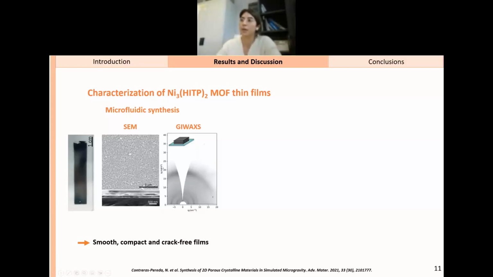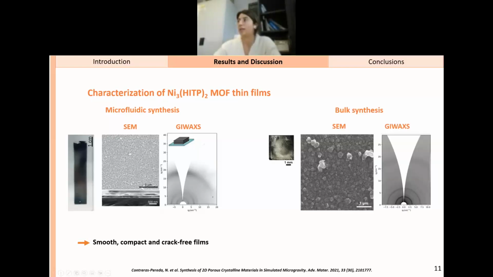The GIWAXS pattern also showed that they obtained crystalline structures. Instead, when showing the bulk synthesis results, you observe a lot of roughness, less compact films, and also no orientation. Let's say it's irregular.